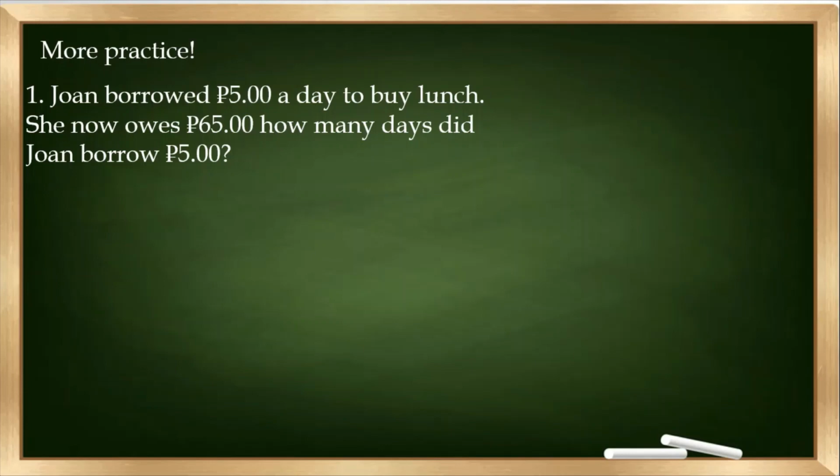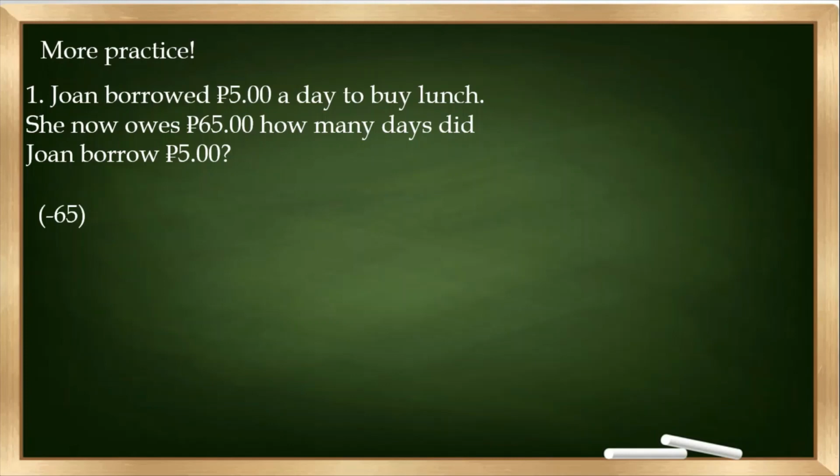To solve for that, we have negative 65. Bakit negative 65 ito? Bakit hindi siya positive 65? We use negative 65 here because we borrowed. Dahil nangungutang si Joanne, ibig sabihin she has no money. Kapag nangungutang ka, that is negative.